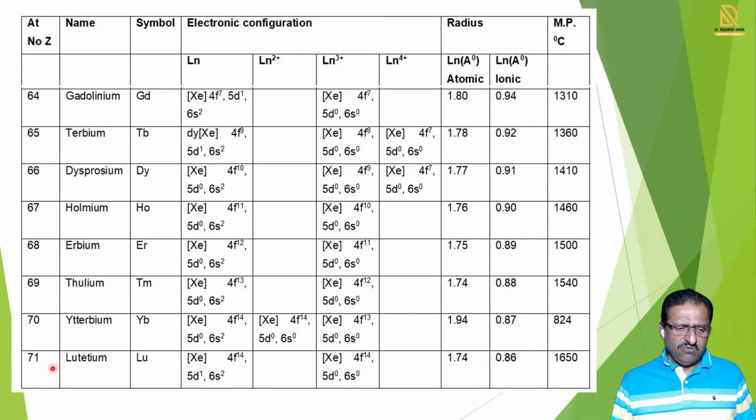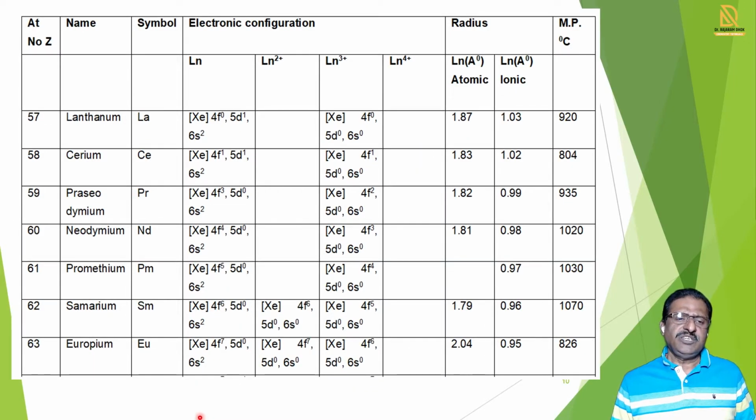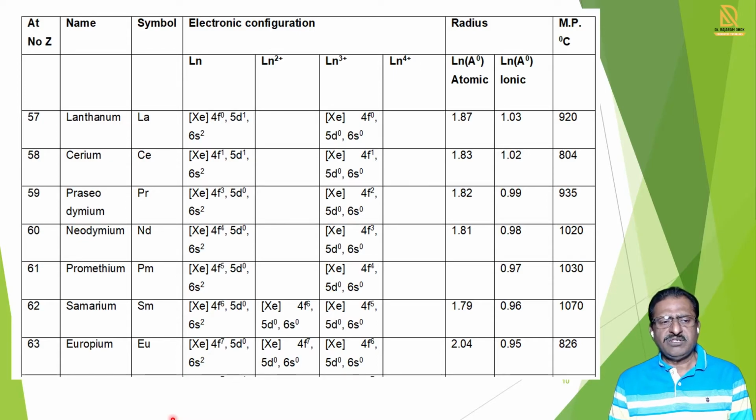And 71 lutetium, Lu. So you see these different members, and you should remember all these elements, because when you are asked a question or when you explain the electronic configuration of f block elements, you have to remember these 15 elements and their symbols.